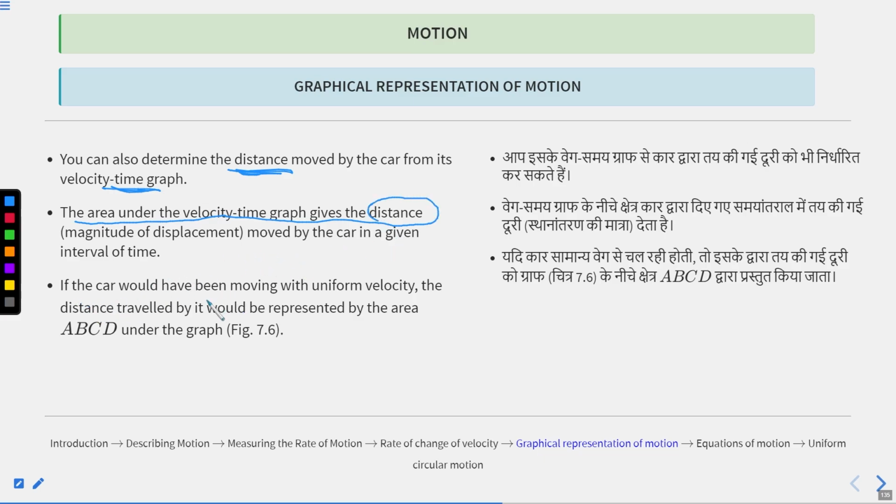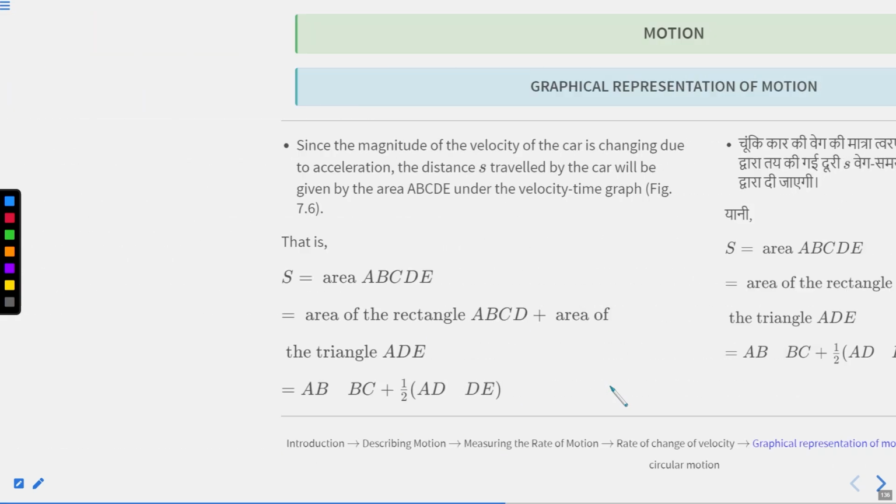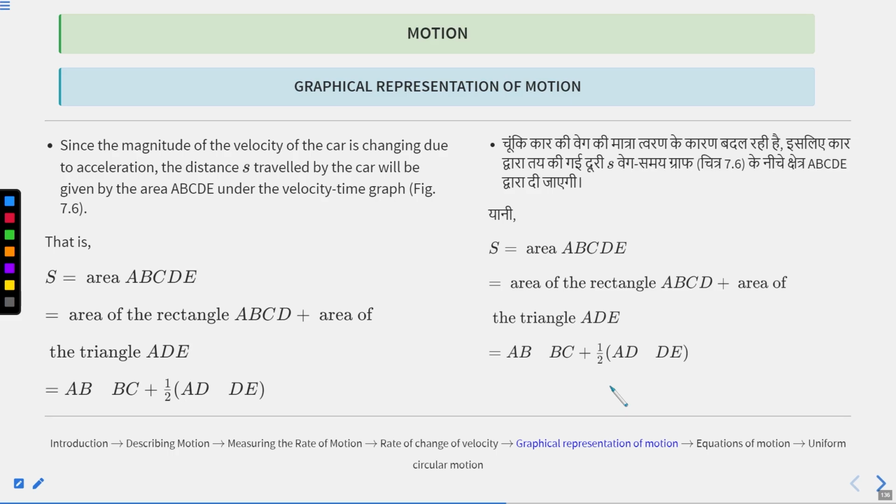If the car had moved with a uniform velocity, the distance traveled would be represented by the area of that ABCD graph. What will be the area? It was something like this. How can you calculate the area of this type of shape? That is a trapezoid, or trapezium.